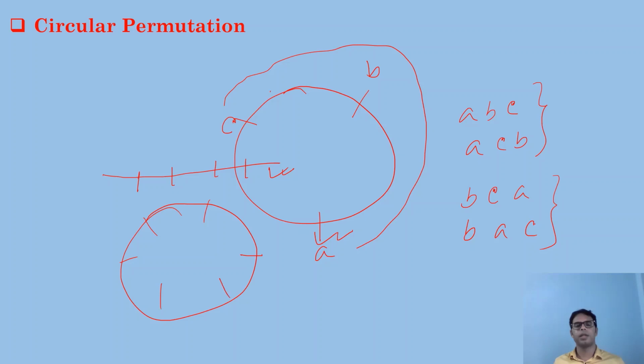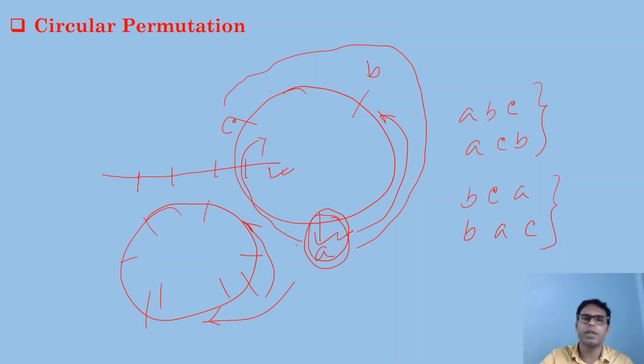So there are two ways, either anti-clockwise or clockwise, starting from any one of these. If you start with this A, then this is one type of permutation and this is the other type. Okay, so first of all you write the formula, and after that we will prove that formula.